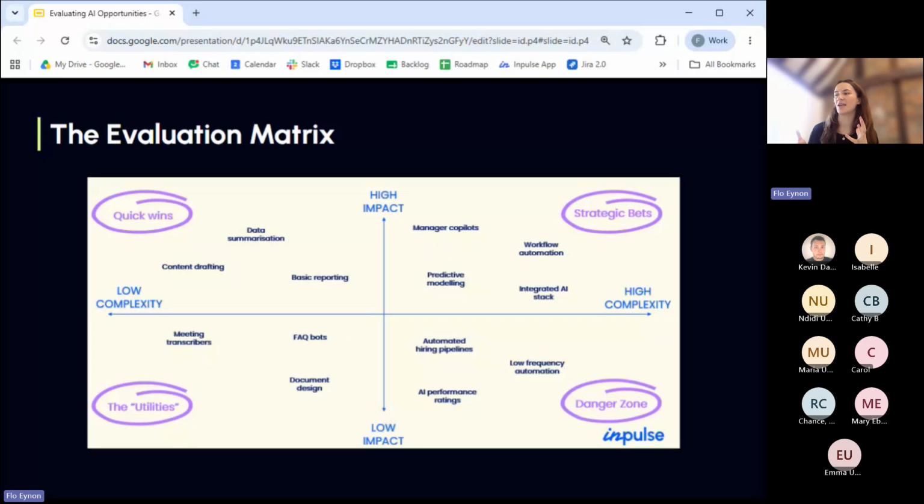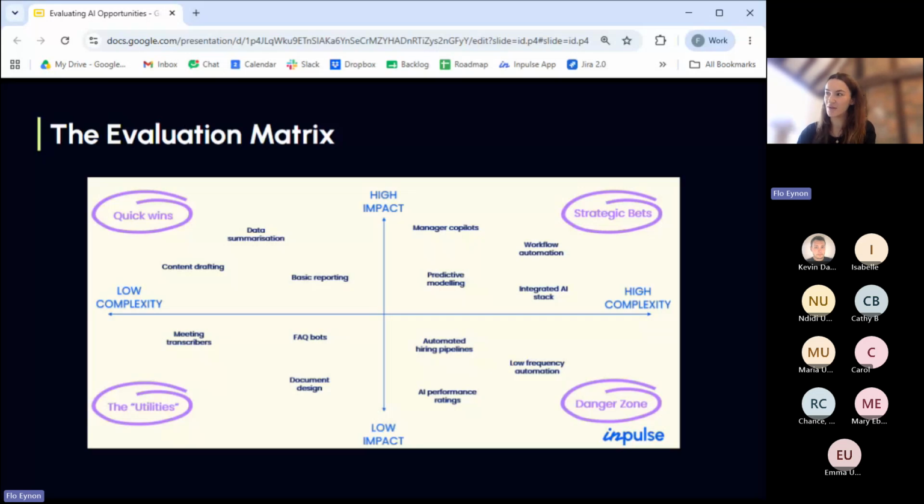Things like what we all use, ChatGPT, Gemini, which internally we pay £20 a month per user for, but it increases their output, their time to insight, and the quality of the information that we're getting. Those are quick wins, and they are worth implementing now. These are the best places to make the first investment.